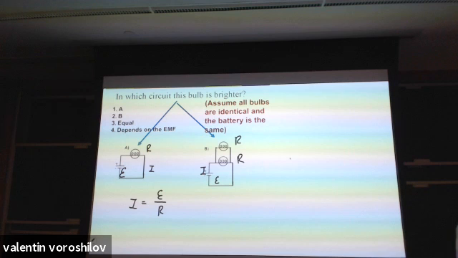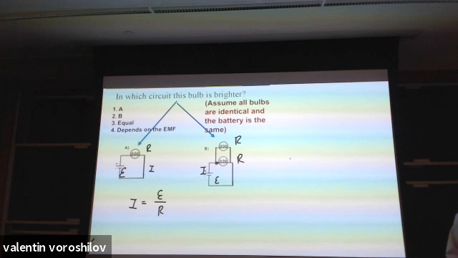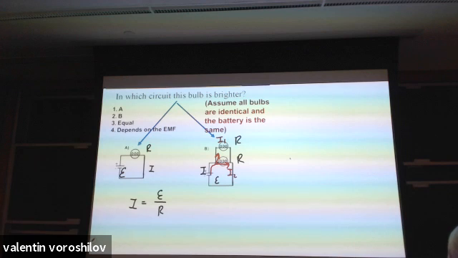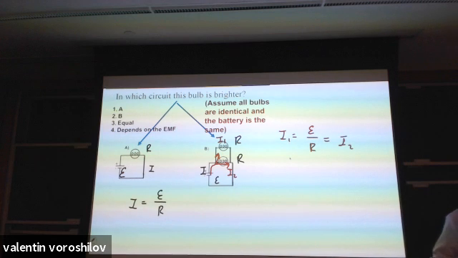But now I have to recognize the existence of a very important element, junction, splitting point. So this electric current must split between two. However, each individual electric current still will be equal to the same EMF over the same resistance. That is why the brightness is the same.